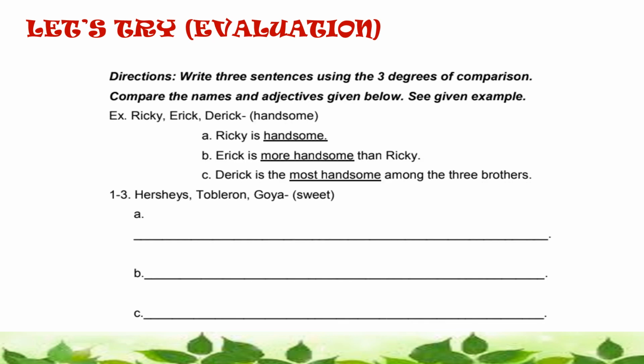Let's try evaluation. Direction: write 3 sentences using the 3 degrees of comparison. Compare the names and adjectives given below. See the given example. For the nouns, we have Ricky, Eric, and Derek. And for the positive degree of the adjective, we have the word handsome.